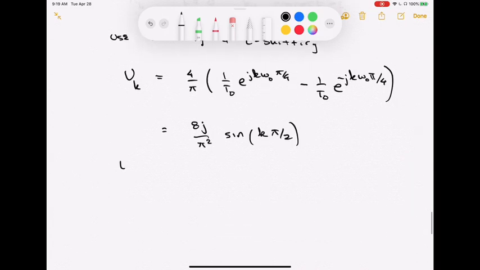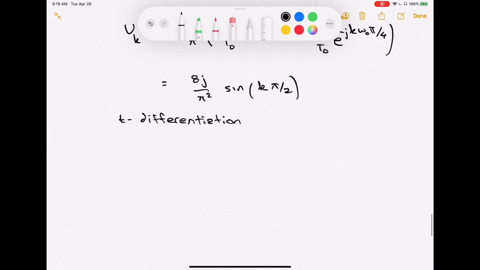Using time differentiation again, we can go from the u back to the z. So I knew that u is equal to the time derivative of z. That means my u of k equals j omega naught k, right, times zk, of which I can then solve for zk.